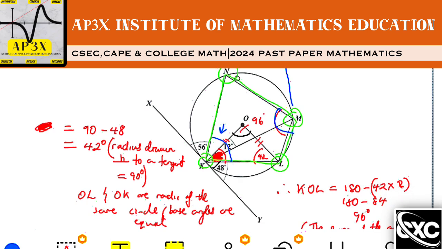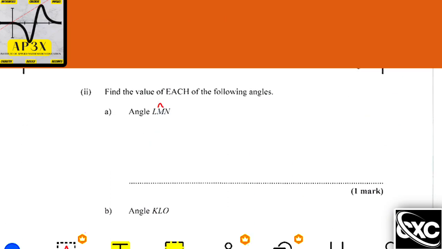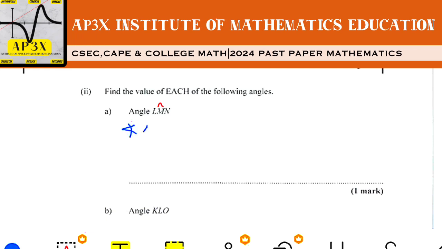First thing we need to find is angle NKL. So let's go down here. Start off by saying angle NKL plus angle LMN equals 180 degrees.